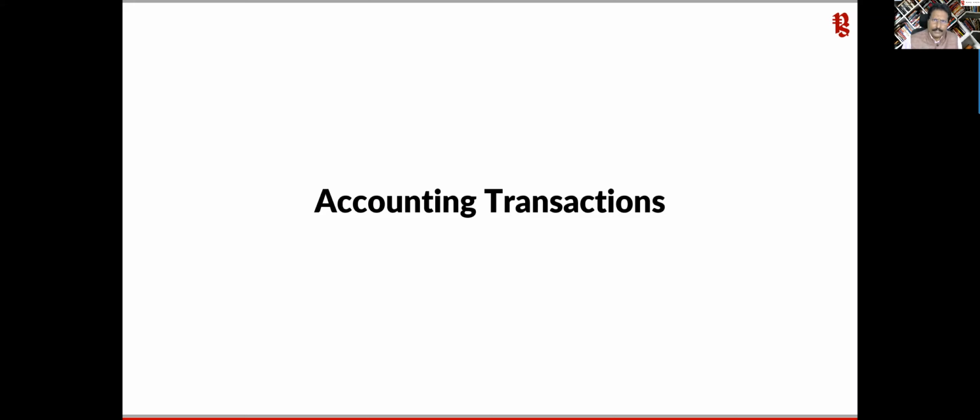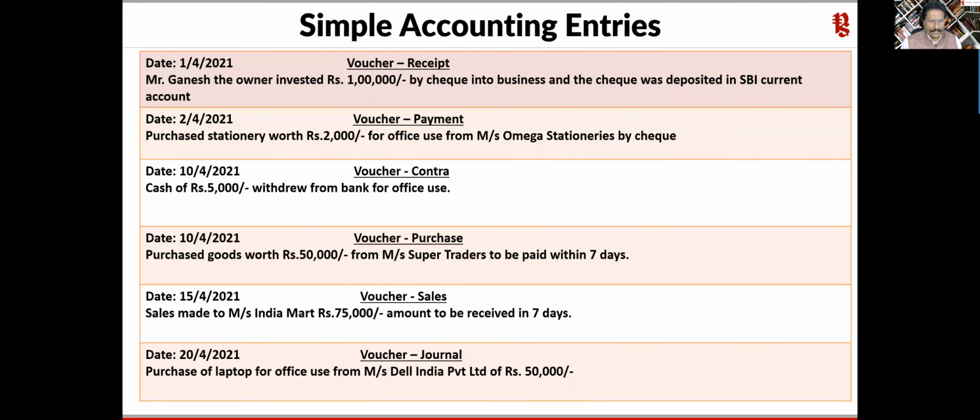Okay, we will see accounting transactions. I have captured a few transactions here, so that we understand how one receipt entry is made, one payment entry, one contra entry, purchase, sales, and journal entry, and under what circumstances we are going to use which voucher type.